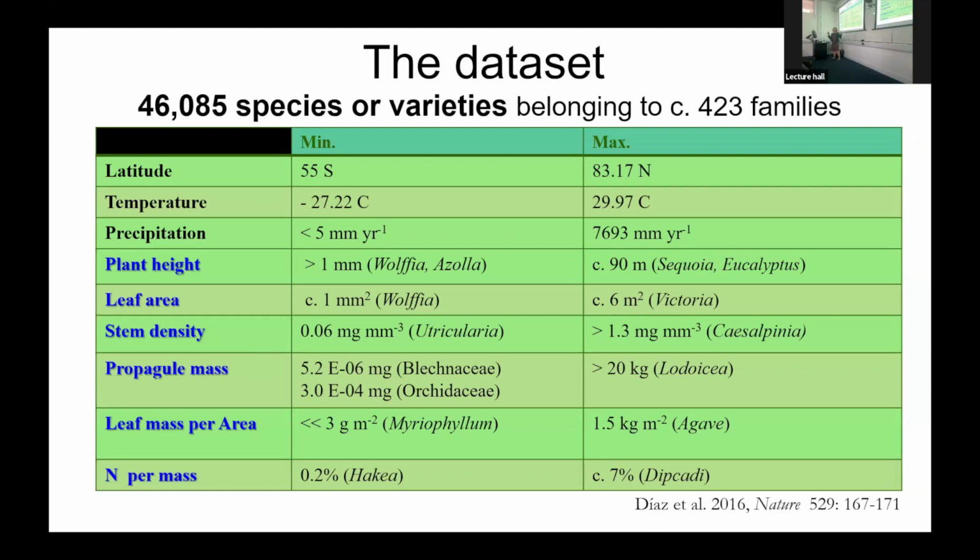With this data set, what we wanted to do is to build the observed global multifunctional space occupied by living vascular plants, what we call the observed global plant phenospace.